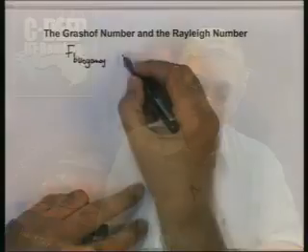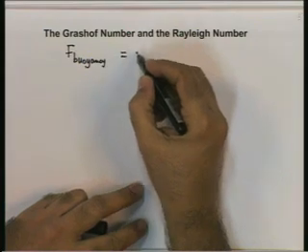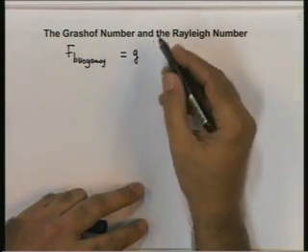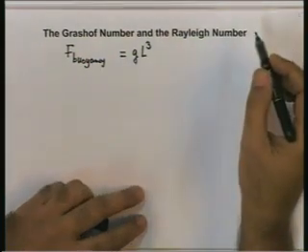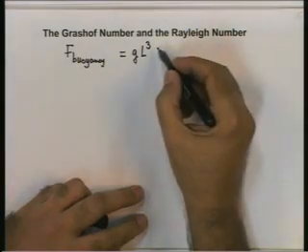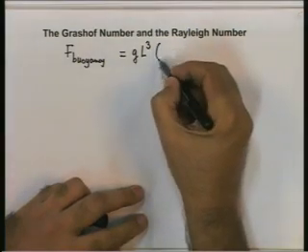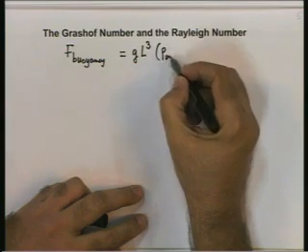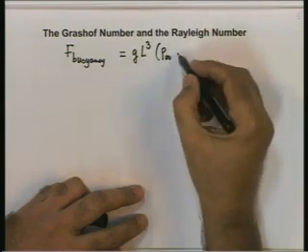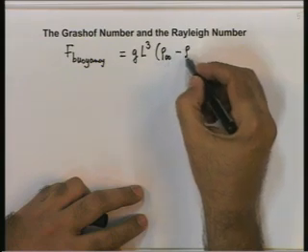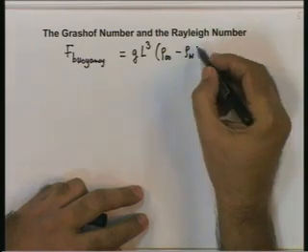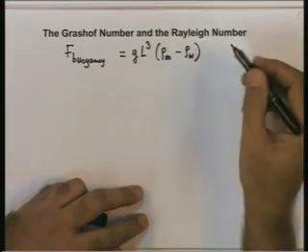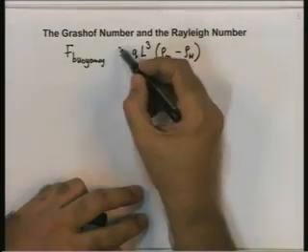So, the net force of buoyancy will be the gravitational acceleration, volume, let us represent it by cube of some reference length, multiplied by the density difference. Say the bulk density in the free stream is rho infinity, and say for the layers near the wall the density is lower, assuming the wall is hotter than the fluid, rho infinity minus rho w. So, this would be representing the buoyancy force.